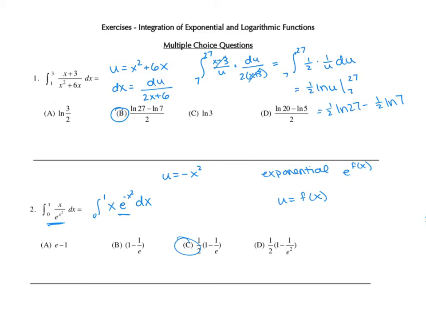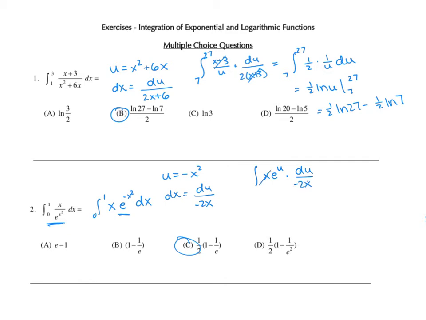On this problem down here, number 2, if u is negative x squared, then your expression for dx should be du over negative 2x. And our integral becomes, so I have x e to the u times du over negative 2x.